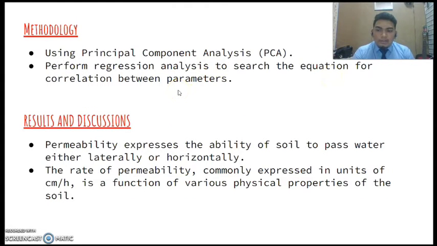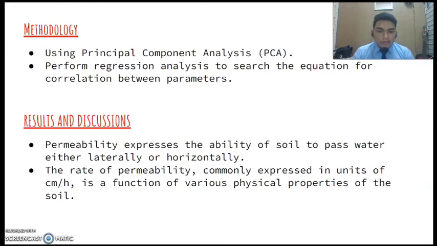So, result and discussion. After the researcher did the method to find the factors related to the soil permeability value, as shown in figure 2, the result and discussion is: permeability expresses the ability of soil to pass water either laterally or horizontally.